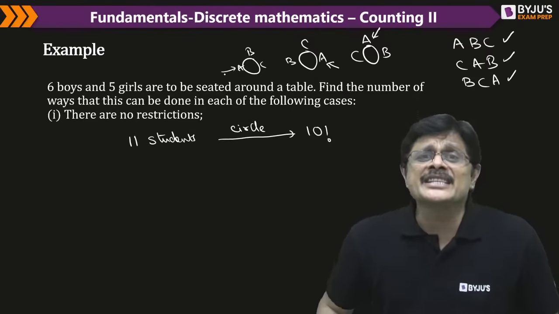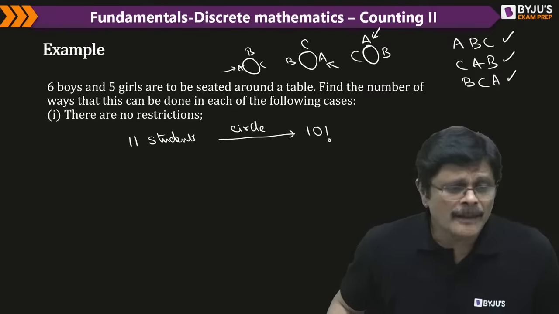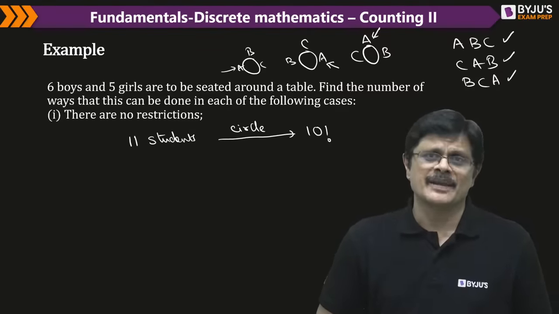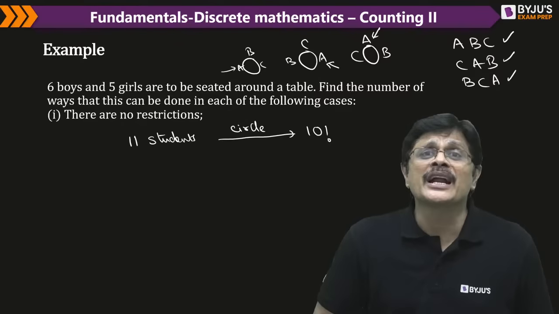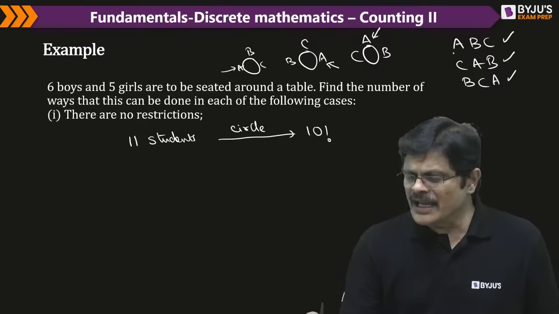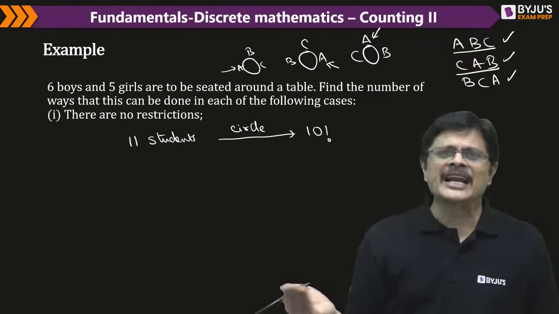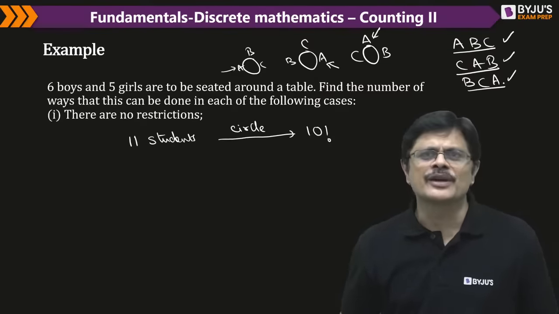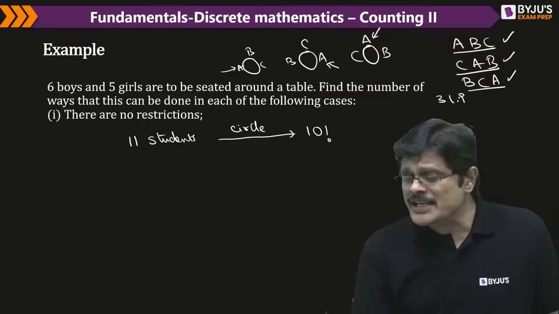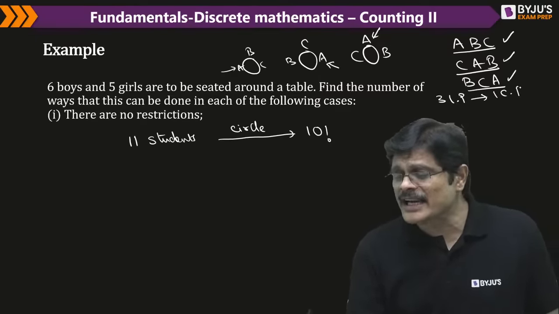That is by changing your point of view. In a line, by changing your point of view, there are different permutations. But here, you see from any direction, there are different permutations only. So 3 linear permutations give you 1 cyclic permutation.